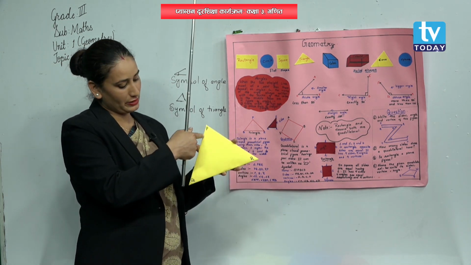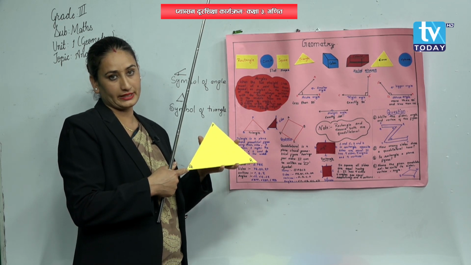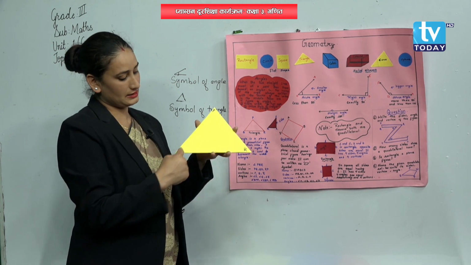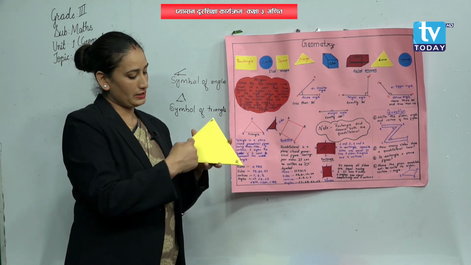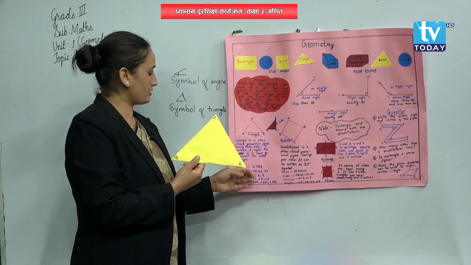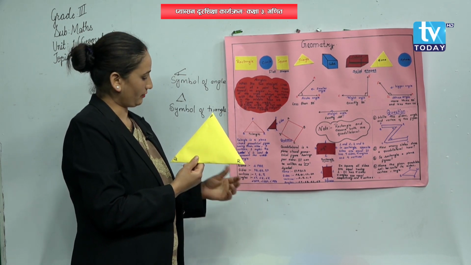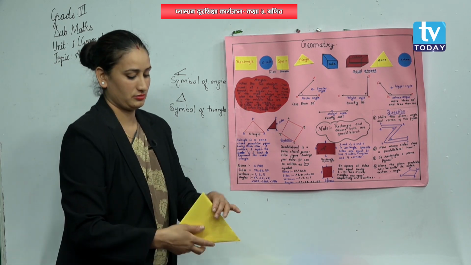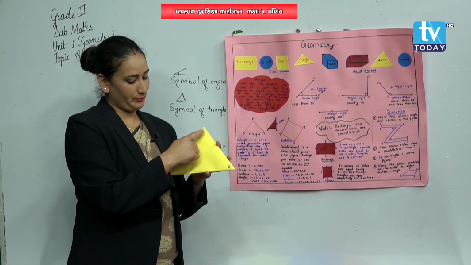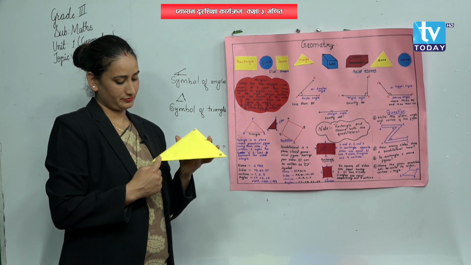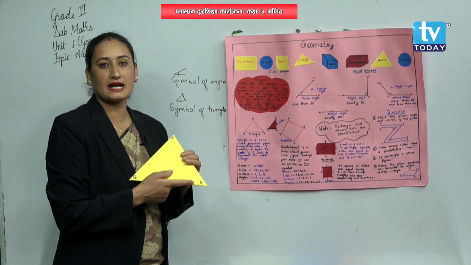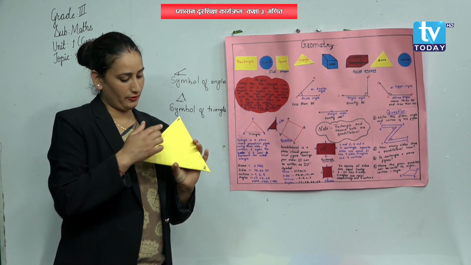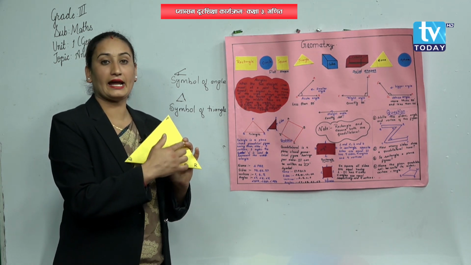Have you seen this one, PQ is a straight line? Yes, this PQ is a straight line. See the sides, PQ. PQ is one side, QR is the second side, and PR is the third side. First, second and third side.